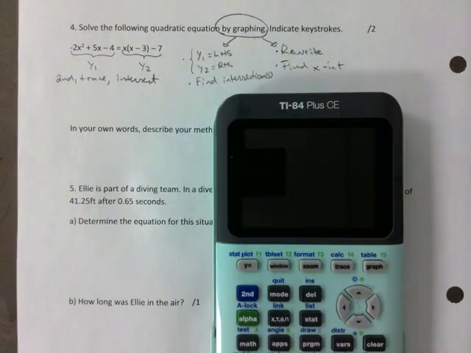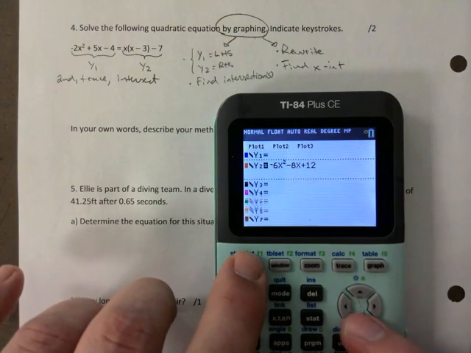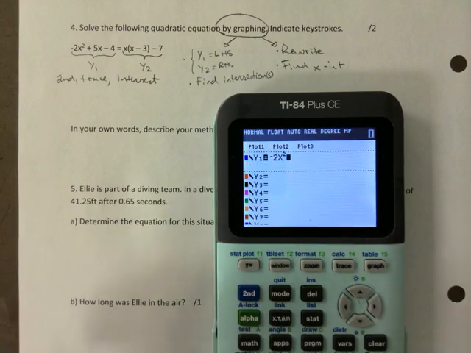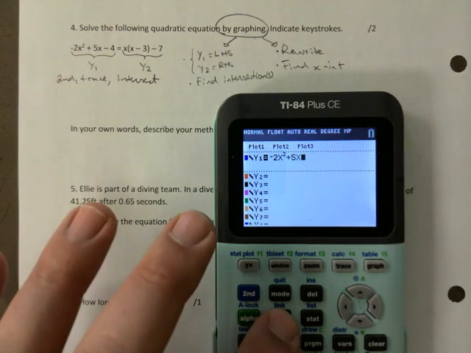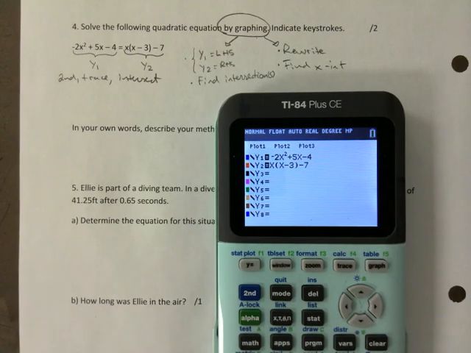Let's do that. Can you take a moment to do that as well? I don't know what method you chose, but let's all try this one. And I'll let you struggle with it a little bit. See what you get, if you can even find the window.